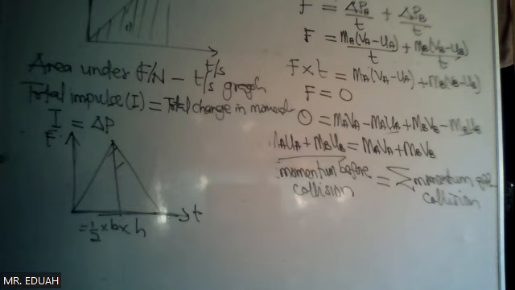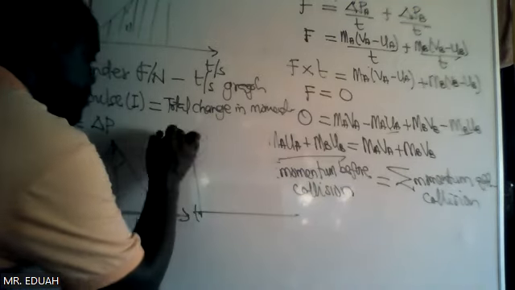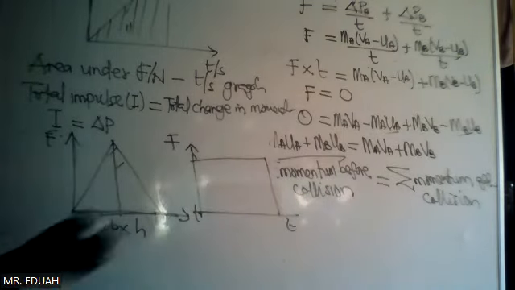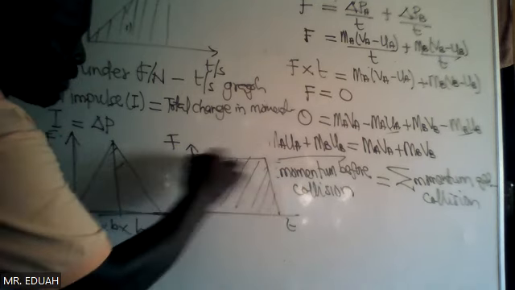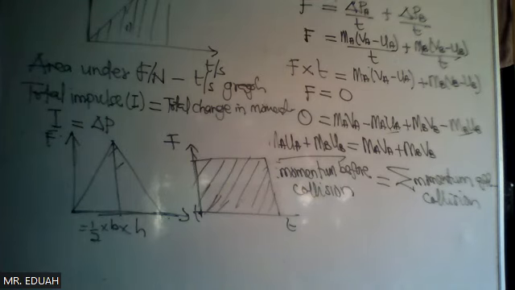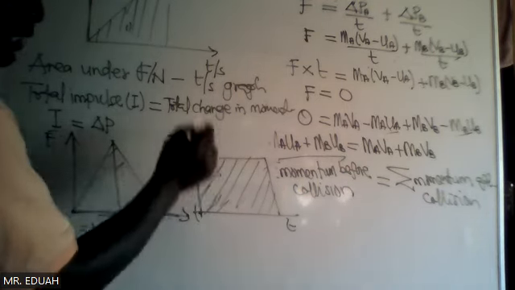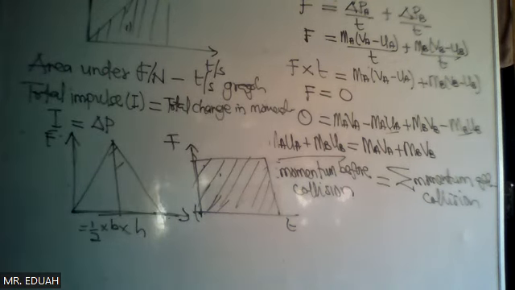If the shape is a rectangle, the area under this graph would be equal to the total impulse or total change in momentum, and you determine the area using the area of a rectangle.